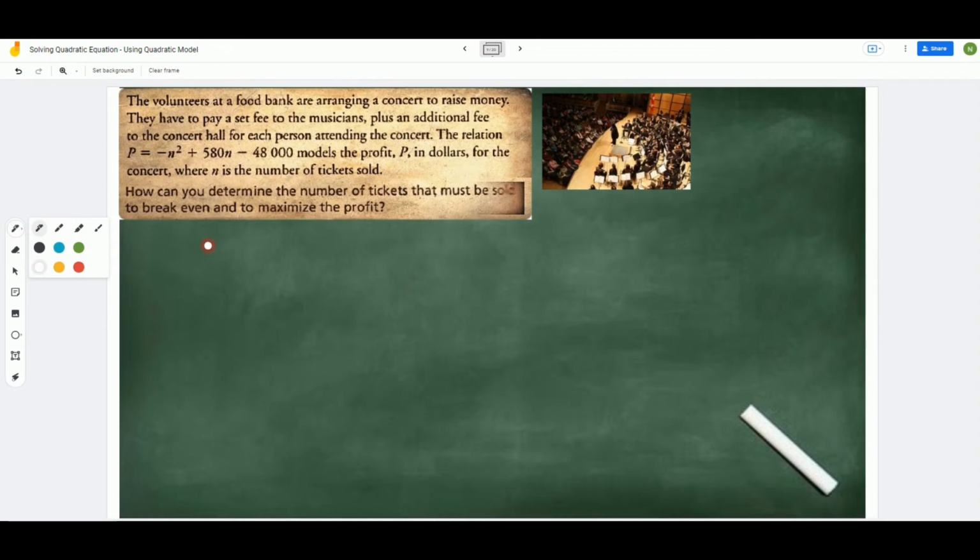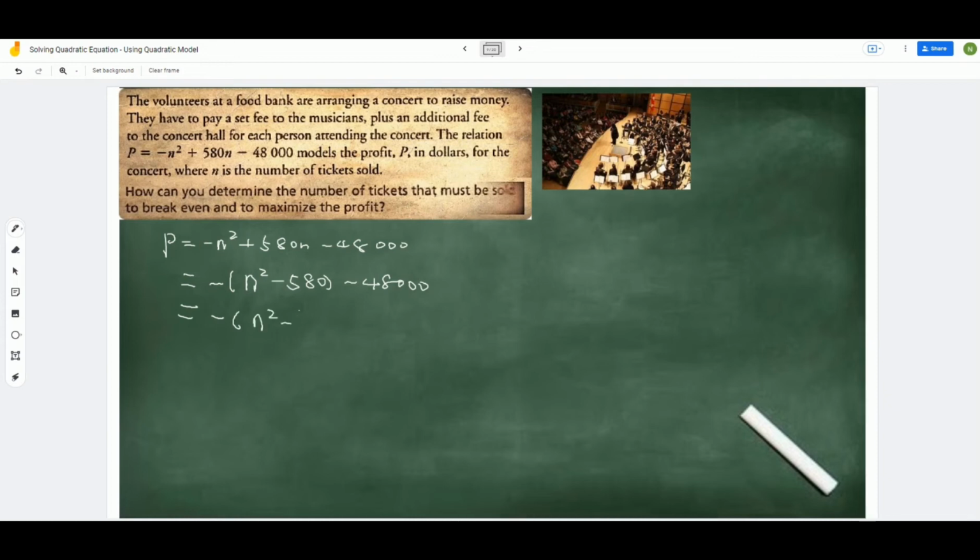First, copy the relation: P equals negative n squared plus 580n minus 48,000. Factor out -1 from the first two terms, so it's negative, n squared minus 580n. I leave the 48,000 outside to keep it simple, and then I complete the square to get vertex form. For n squared minus 580n, I add half of b, squared.